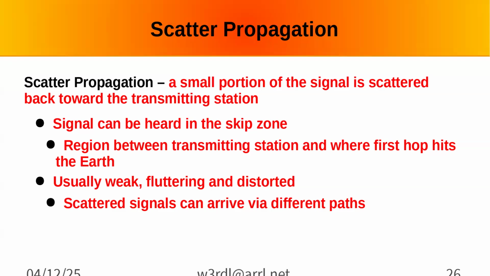Obviously it's going to be a weak signal and it's not consistent or reliable. And you can have kind of a multipath effect because of the different scattering. So you could have your signal coming different paths back to the same point.